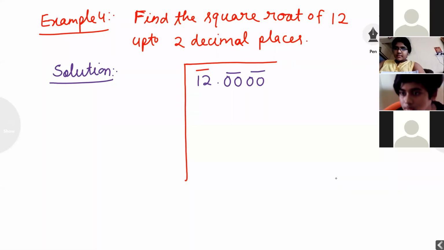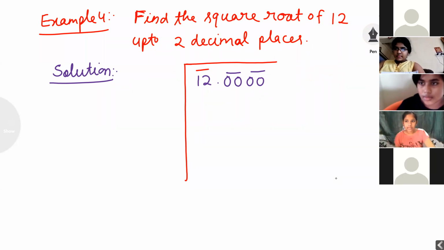I want to find out the square root of 12 up to 2 decimal places. I have written 00 after the decimal point. Why? Because I want to make two pairs. If the question is asking up to 3 decimal places, means I want to mention 000. Now the first number is 12.